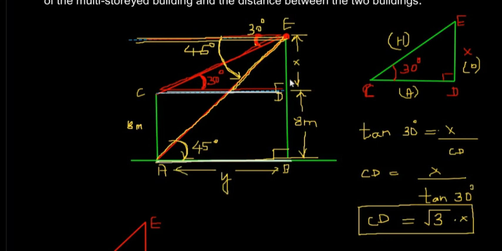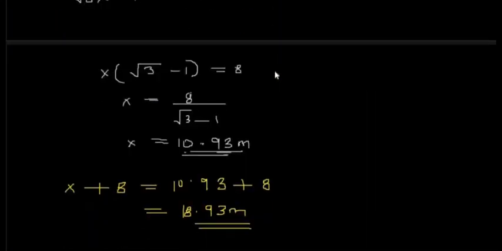Now we can consider the big triangle. Since we have got x, we can use the big triangle, or we can also use the small triangle, because AB is equal to CD. Hence if AB is y, CD is also y. So you can either use the small triangle to find the distance between the two buildings, or you can use the big triangle. Now here I am going to make use of this big triangle. So let me redraw it again.